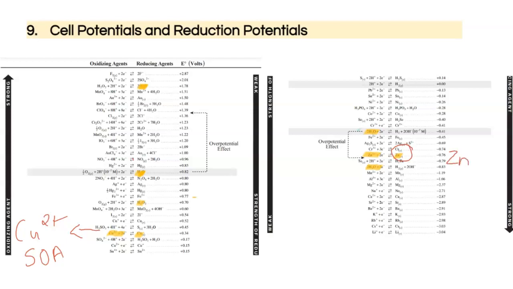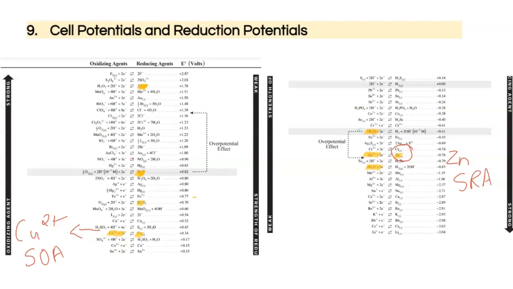So zinc is my SRA. I just want you to notice that I did highlight water because I have aqueous solutions. Water is a species that is implied in that question but not stated outwardly, so we need to remember that. But regardless, water doesn't seem to be involved in this reaction, and so I'm good to go.